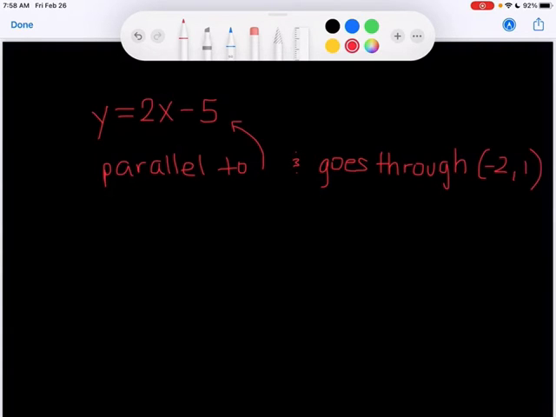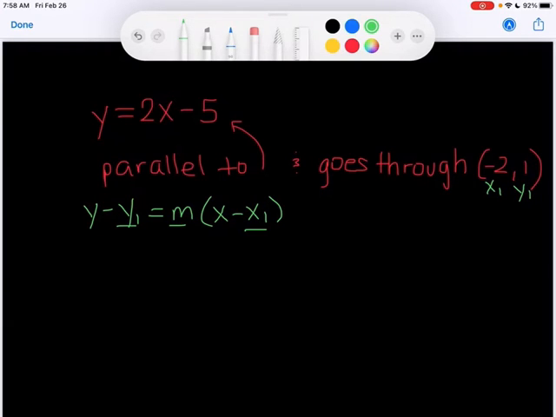So when we write the equation of a line, usually we use point slope formula. So y minus y sub 1 equals m times x minus x sub 1. And we need y sub 1, we need m, and we need x sub 1. Well, we've got x sub 1 and y sub 1. That's these here.